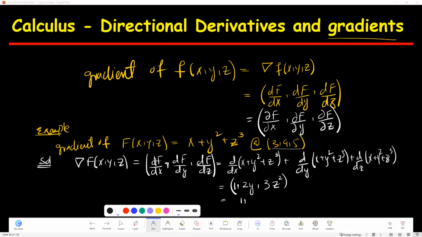There is no x quantity, so I'm just going to add 1. The other one will be 8. The other one will be 75, right? z squared is 25, 25 times 3 is 75. So this is pretty much what I got, and that is my gradient, right?